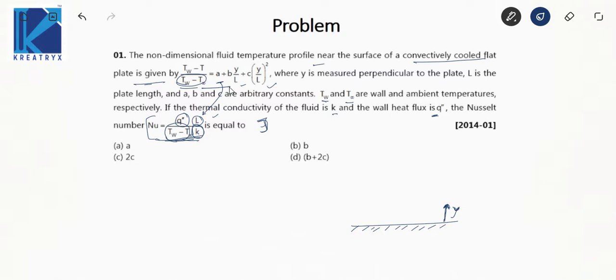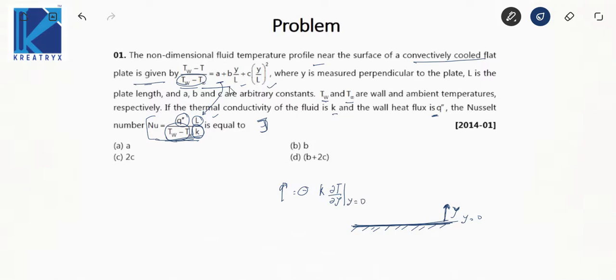Can I say that at this boundary, at y equal to 0, q double dash, that is heat flux, is equal to minus k del T by del y at y equal to 0?